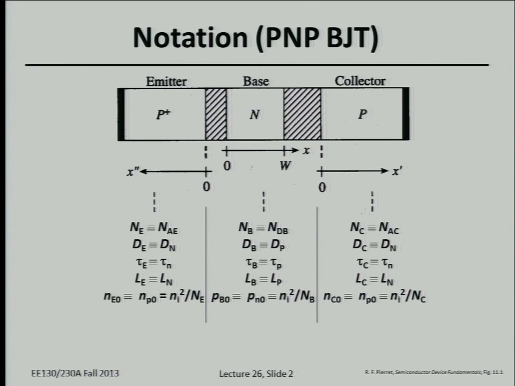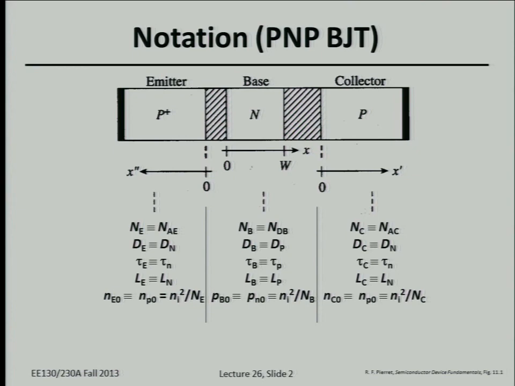So we first need to introduce some notation, because now there are 3 doped regions, and there are more than one type of p-type material, or more than one type of n-type material if it's an NPN transistor. So basically, rather than calling it N or P, we would generally denote the parameters in the different regions by the subscript E for emitter, B for base, or C for collector.